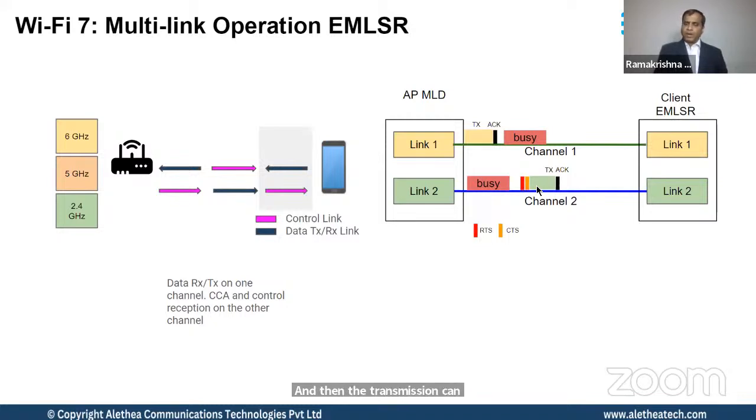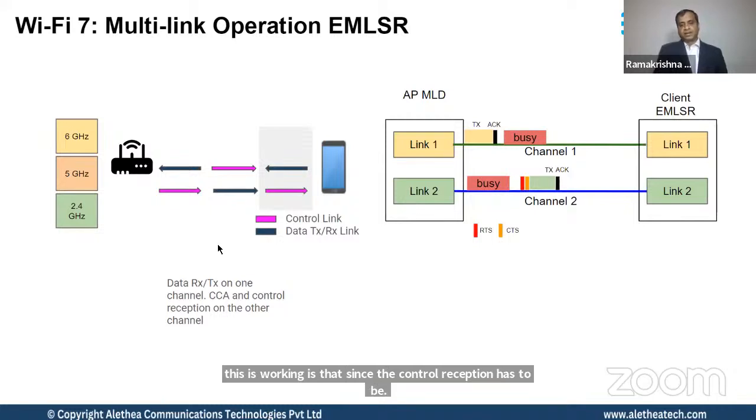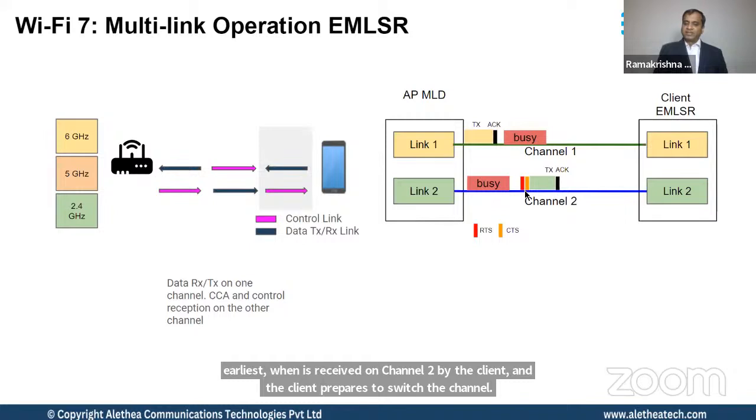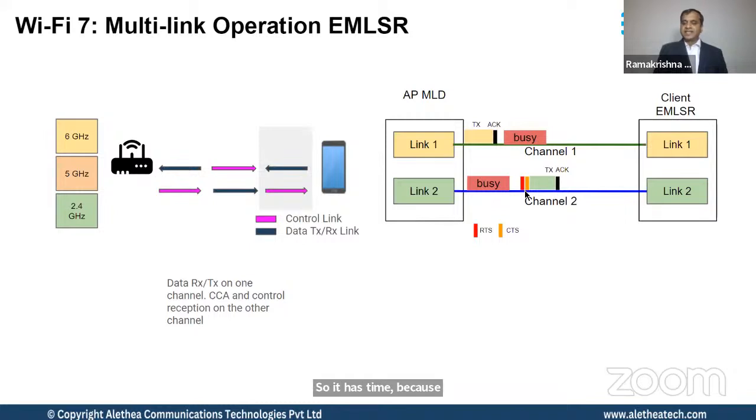How this is working is that since the control frame reception has to be allowed on the other channel, which is the capability of the device, the RTS frame is received on channel 2 by the client, and the client prepares to switch the channel. So it has time because it has to wait for some time, send the CTS, and then there is some gap, and only then it has to be ready for reception.